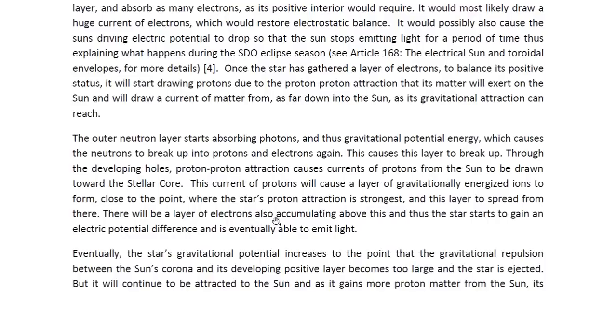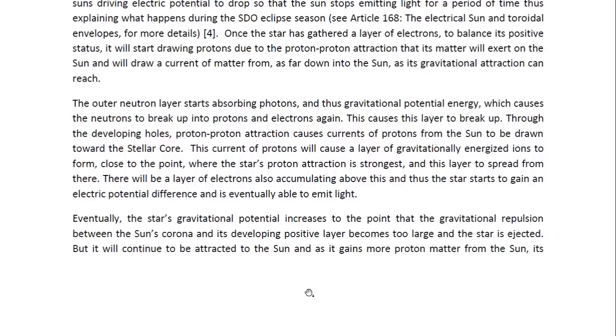There would be a layer of electrons also accumulating above this, and thus the star starts to gain an electric potential difference and is eventually able to emit light. Eventually, the star's gravitational potential increases to the point that the gravitational repulsion between the sun's corona and its developing positive layer becomes too large and the star is ejected.